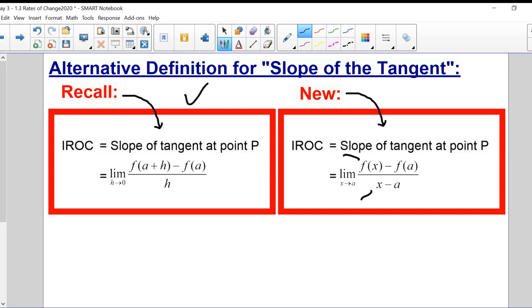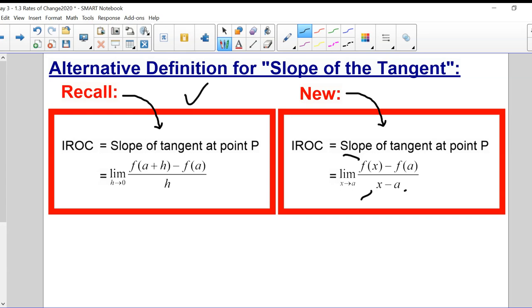But then what you're doing is subtracting from the function itself a particular y value, which we're calling f of a. And on the bottom, we're going to subtract that particular x value from the x. And we're going to ask a different question now. Not as h approaches 0, just how we asked it the first time.